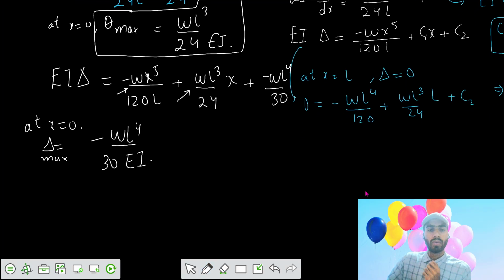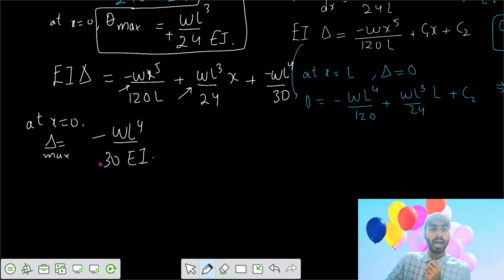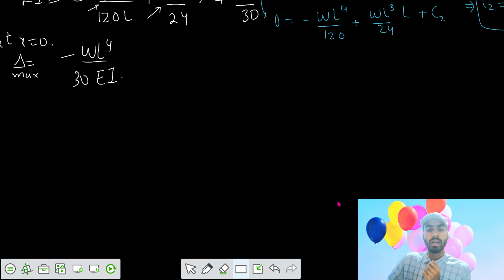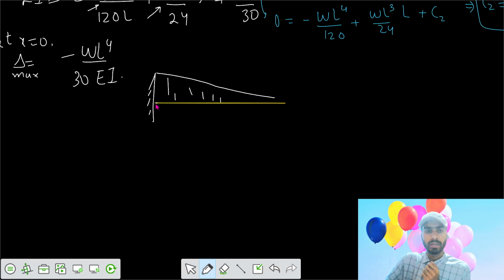We got theta positive and delta negative. What does that mean? We have that sign convention. Say this was your support, and because of the loading it deflects downwards. Loading is applied, so it deflects downwards.